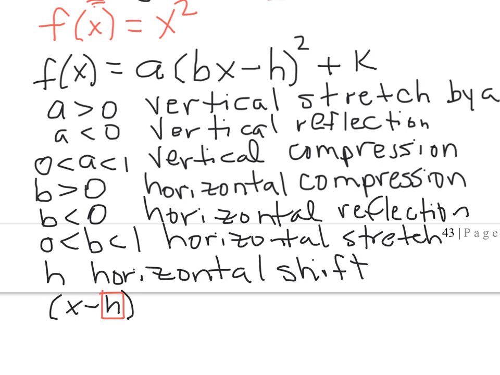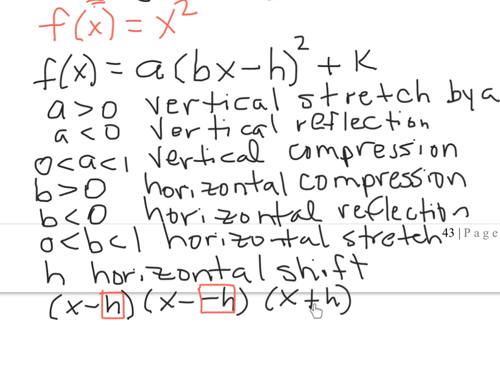So when we have x minus a negative h, when h is negative, this is when the graph moves to the left. But we don't see it written like that. We see it written like this, x plus h. And that's why it's so confusing, because we think, oh, it's a plus, so it's moving to the right. But that's not the case.